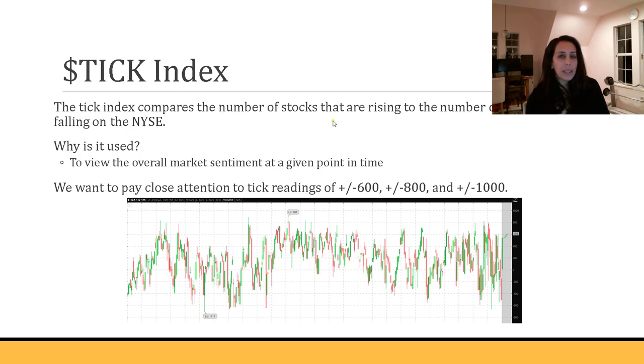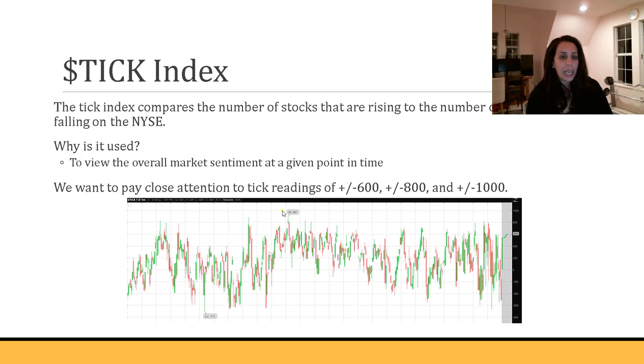So what does this tick show? It represents the sentiment of the overall market at that specific time. This could be helpful to specify your entries and exits, especially in a choppy market. If tick goes below negative 1,000, that could be a place to get in and go long, or if you're long and it goes above 1,000, you can either get out of the position or short it.